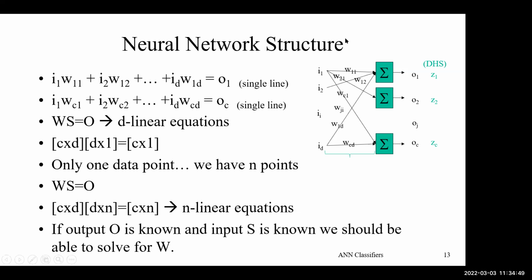So if we know our inputs, we know our desired outputs, and we don't have any nonlinearities here, in theory, we can just solve the set of matrices. Is that concept sort of clear? So we can write this as a matrix problem.